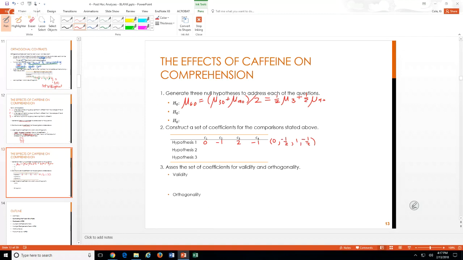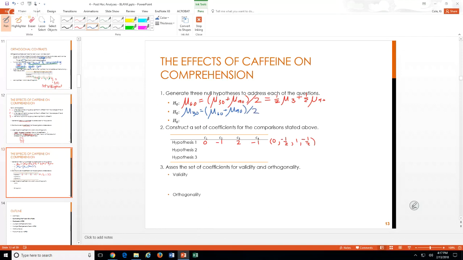Anybody else do something different? Okay, what about the second null hypothesis? It reads, is the mean of the 30 group significantly different from the average of the 60 and 90 groups? What is your null hypothesis? Mu of 30 equals mu of 60 plus mu of 90 divided by 2. Okay.